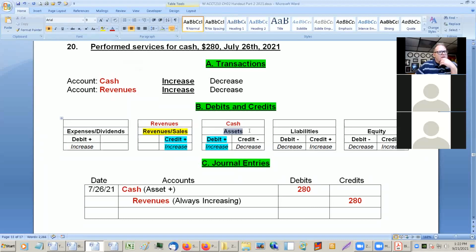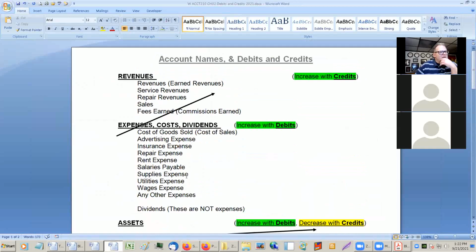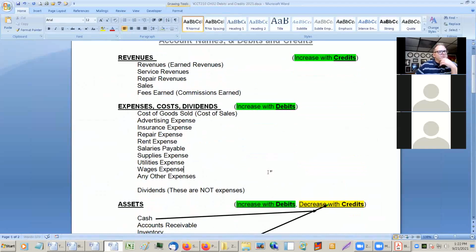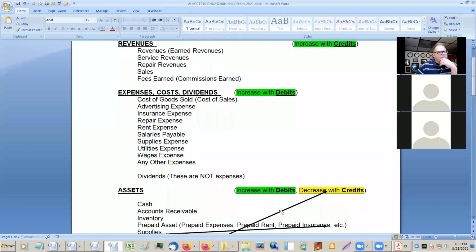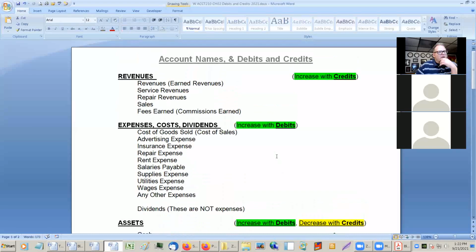Now, I want to mention one thing about revenues too. Actually, I should have done this earlier for the expenses. When you look at your revenues, often called revenues, often called sales, you'll see those terms used interchangeably.